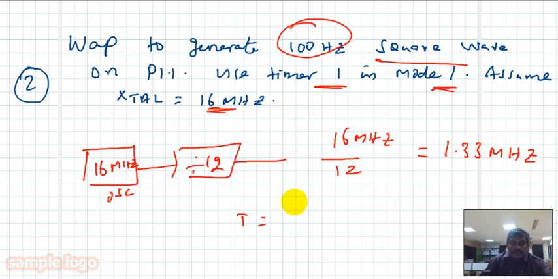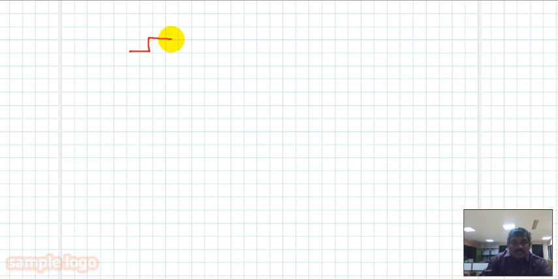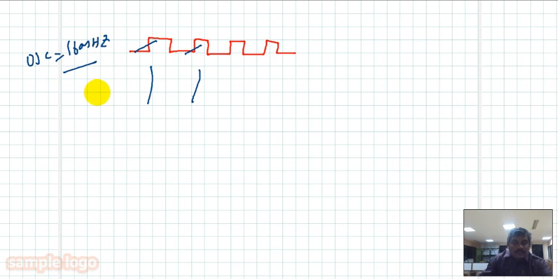Then you convert to time. Time is nothing but 1 by f. 1 by 1.33 megahertz will be 0.75 microsecond. In the previous problem, the duration of each clock was 1.085 microsecond, but here we assume the oscillator frequency is 16 megahertz, and the duration of one pulse will be 0.75 microseconds. So this is the input to the timer.